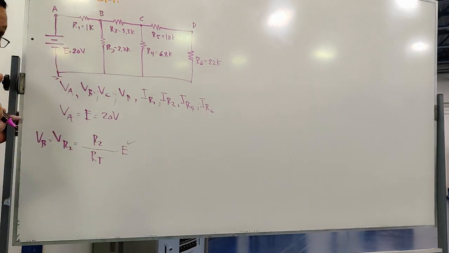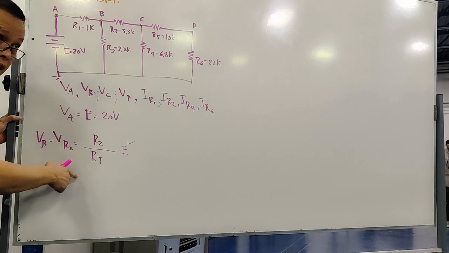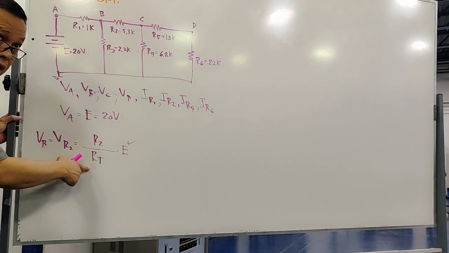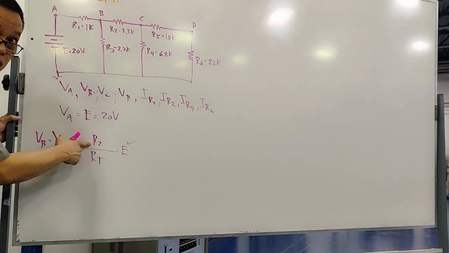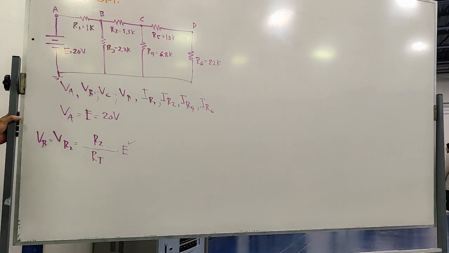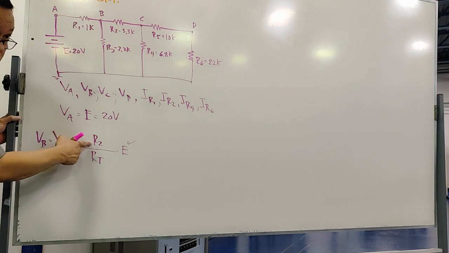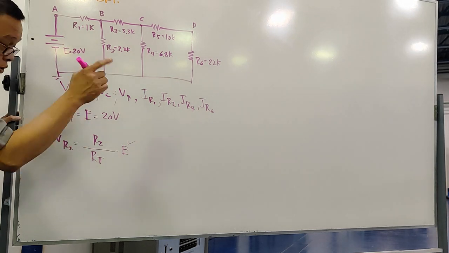Yes. Do we have R total? Not yet, we need to calculate R total. Do we have R2? R2 is this one, but this is not the actual R2. I will tell you later.